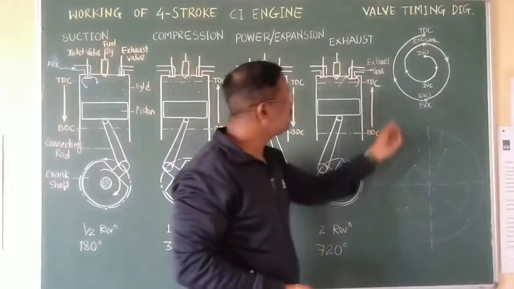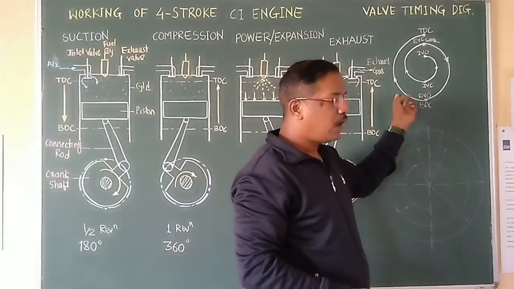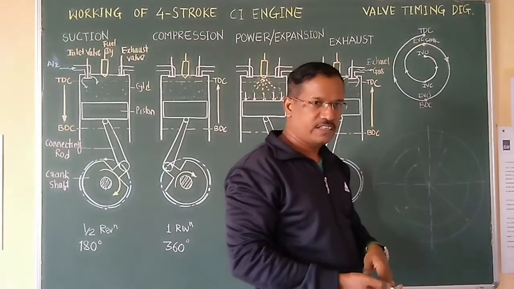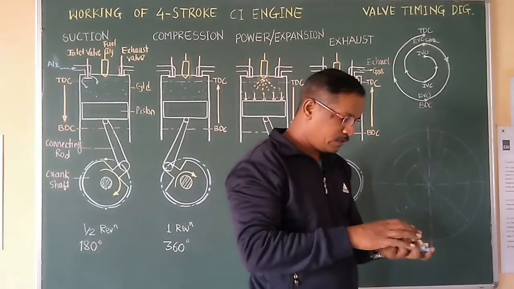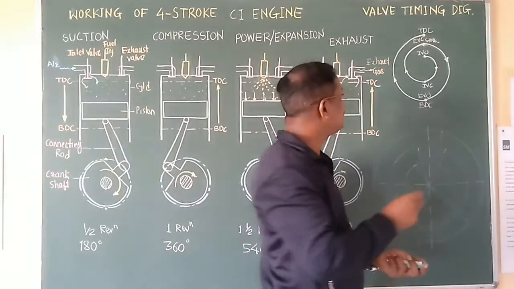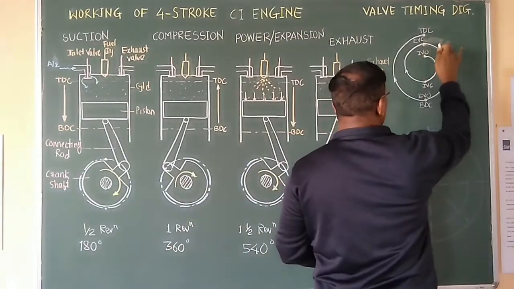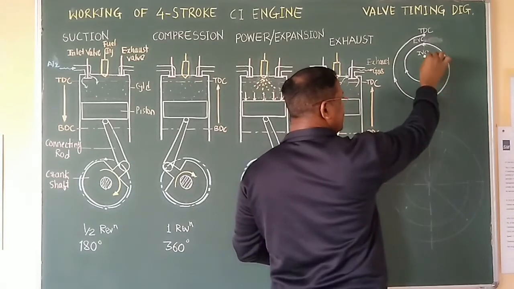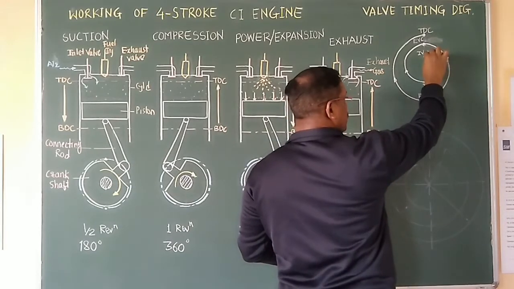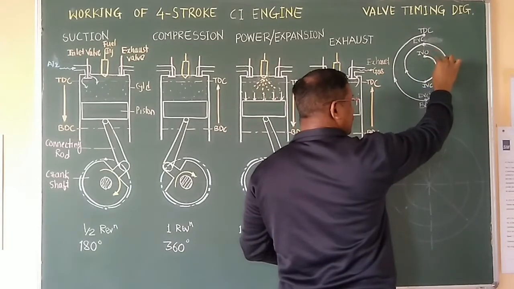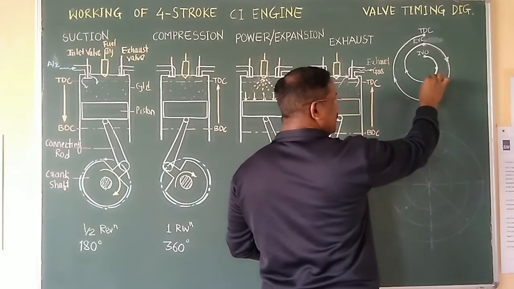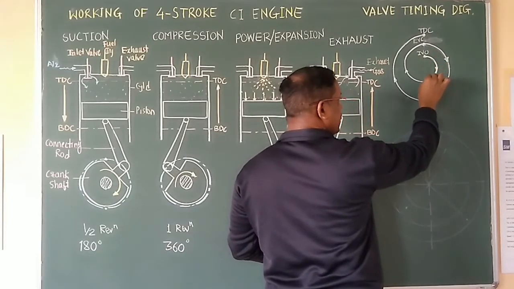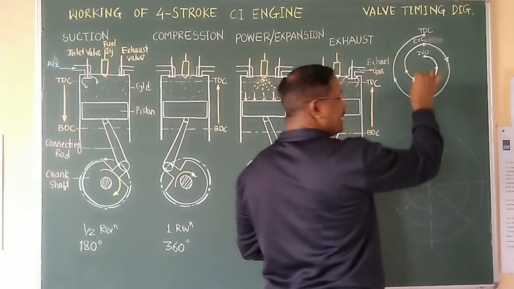Now, this is the ideal valve timing diagram for the CI engine, where we can say the inlet valve is open at TDC, suction of air starts, and it continues till the inlet valve gets closed at BDC. So exactly 180 degree rotation.